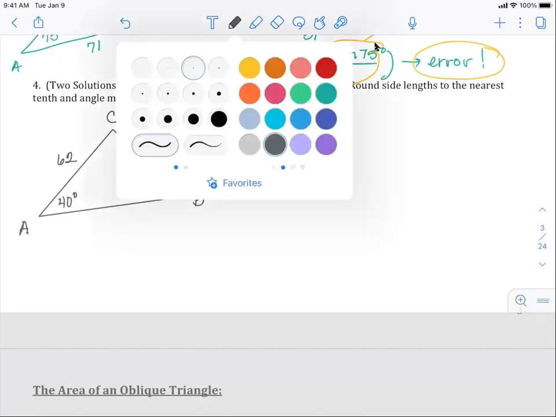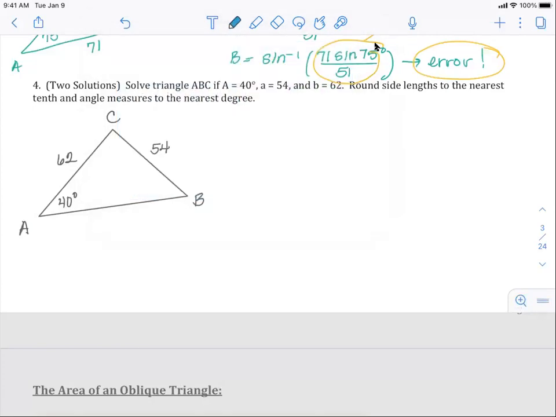All righty. So we're going to start exactly the same way. This is the pair that we have a complete set. So we're going to say 54 over the sine of 40 degrees equals, and I'm going to start by solving for angle B. That's the only option, right? Because that's the only one where we know anything else.